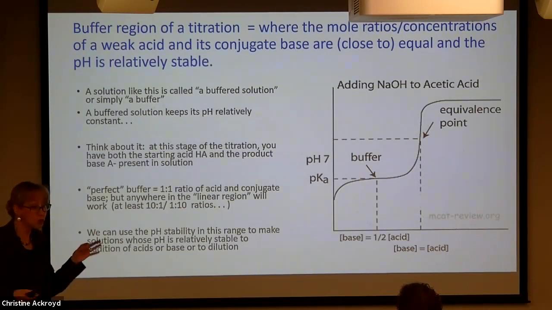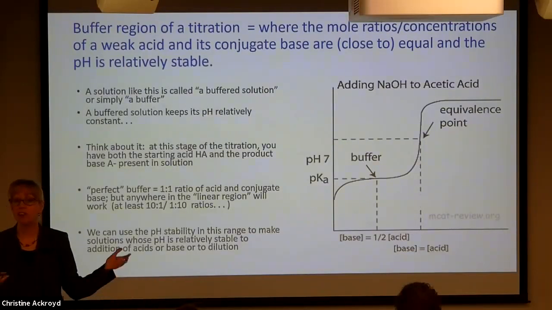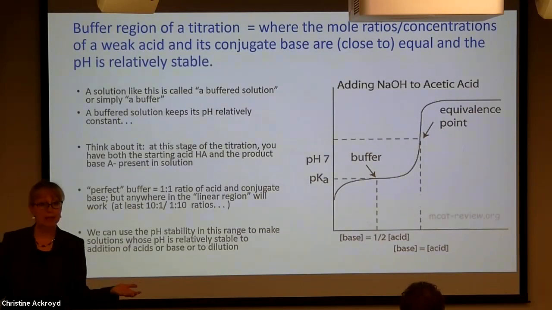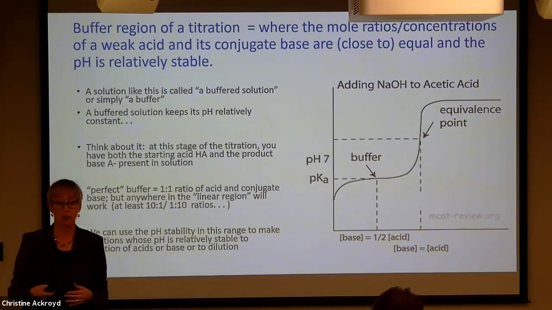Okay, so a solution that has a weak acid and its conjugate base together in solution at the same time in order to set the pH at a certain level is called a buffer. And all of biology and medicine needs buffered solutions.